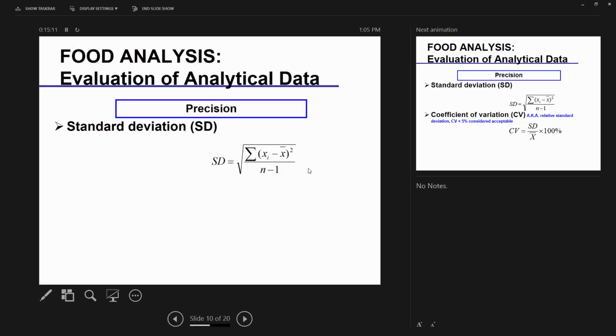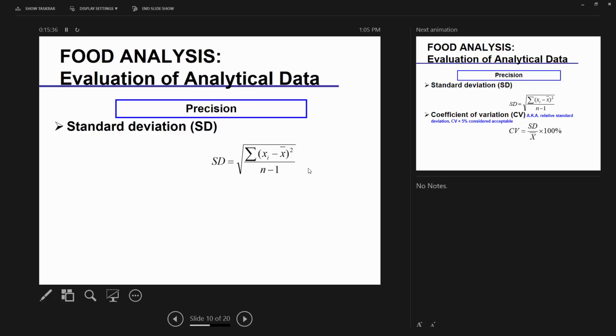All right, so let's talk about precision. So you need to know this equation. This is a simple equation to remember, and you will be asked to calculate standard deviation and coefficient of variation in a quiz or exam. I know Excel nowadays produces it, but it's always good to know how these values are popping up for you.